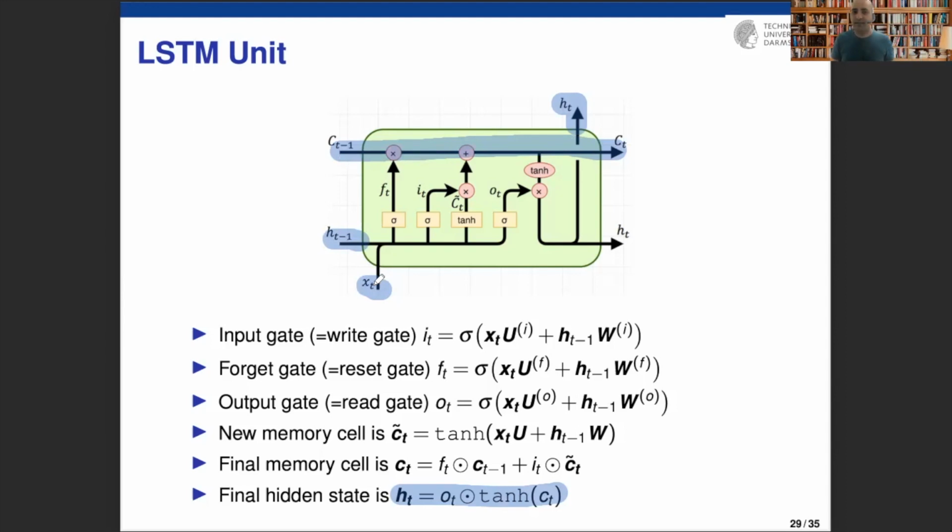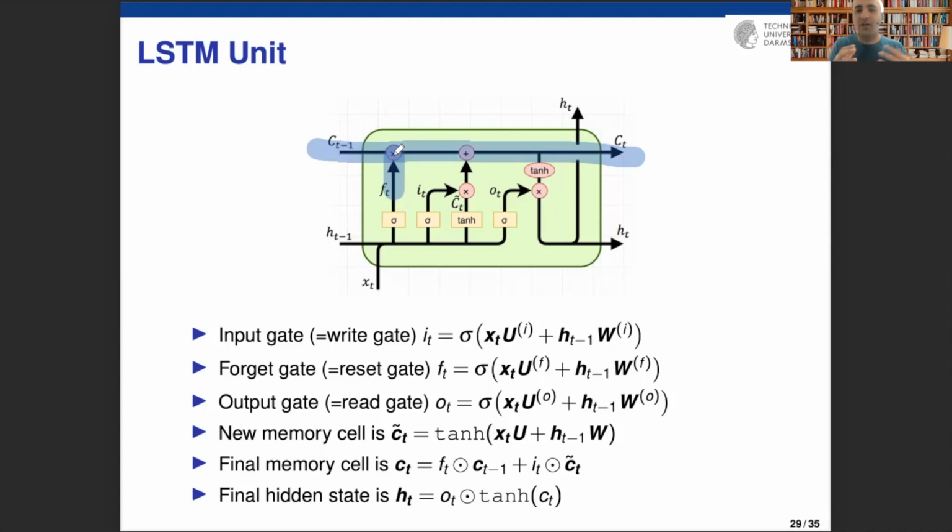But what is this Ct minus 1, and how is it computed? Ct is coming from Ct minus 1. So it's more or less the context that we have from the previous step. But some part of that needs to be forgotten, right?